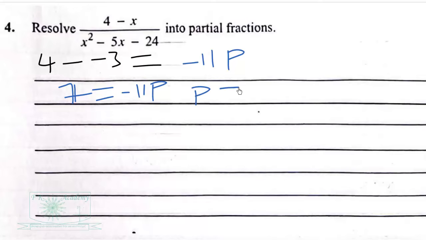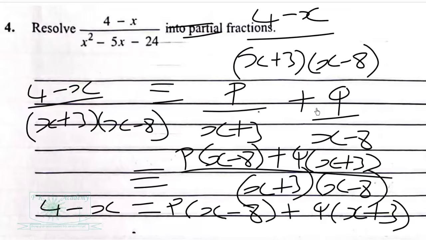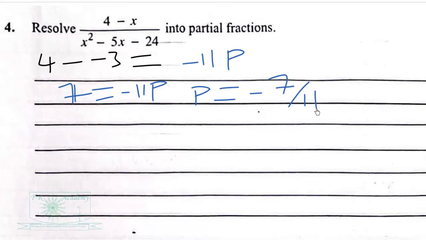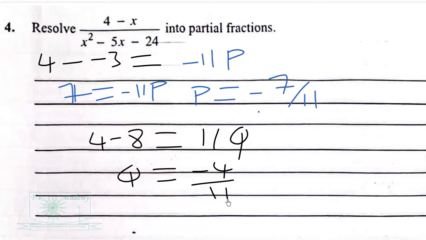So p will be equal to negative 7 over 11. In a similar way, when we put in x equals 8, we get 0 where the p is, and we'll get 4 minus 8 is equal to 11q. So q will be equal to negative 4 over 11.